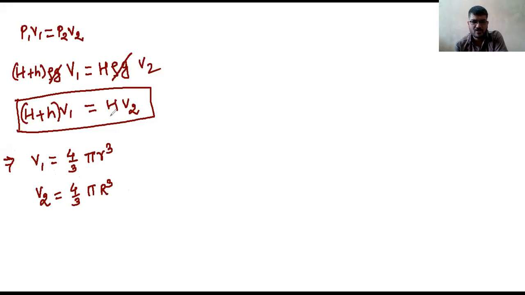So I am substituting these values in our equation. What I am getting? Capital H plus h into this V1 value, 4 by 3 pi r1 cube, is equal to capital H into V2, which is 4 by 3 pi capital R cube.